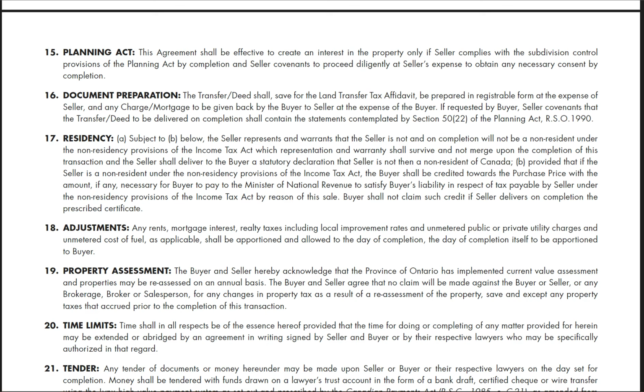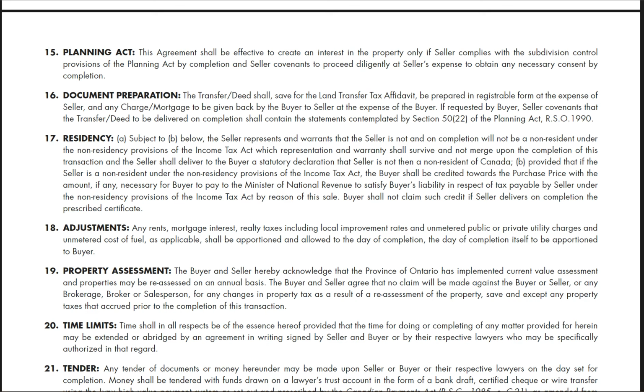The buyer's lawyer prepares the mortgage documentation and registers it along with the transfer, and the buyer pays for the mortgage documentation fee. The buyer asks the seller to confirm in the deed that the sale complies with the Planning Act, and the seller's lawyer adds that required statement. The deed is then registered without any issues.